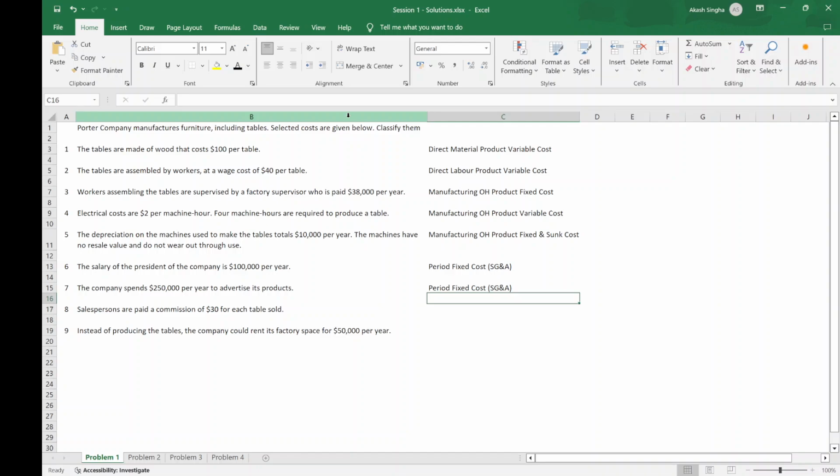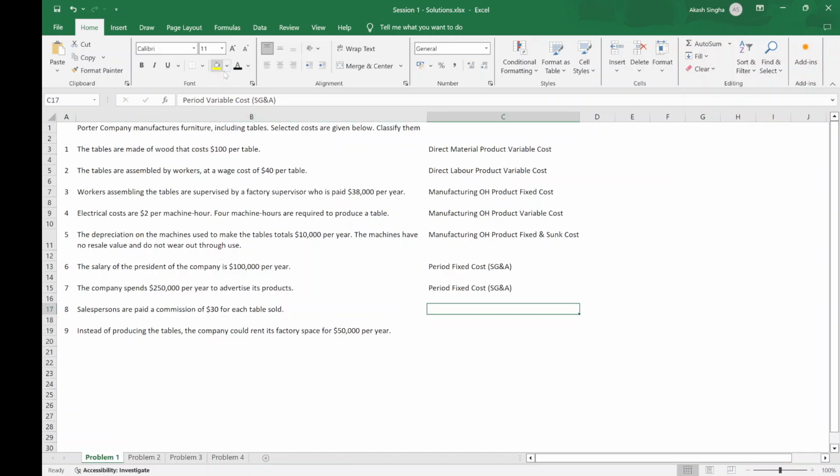Then salespersons are paid a commission of $30 for each table sold. So this is also going to be variable, variable product, I guess, and manufacturing overhead.